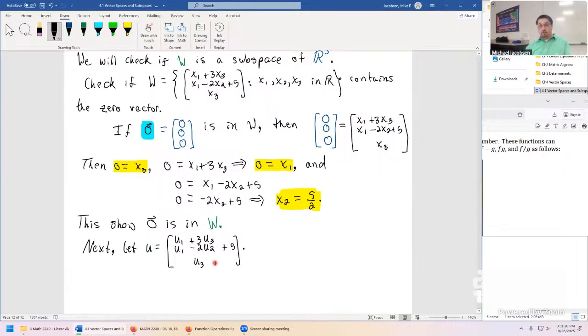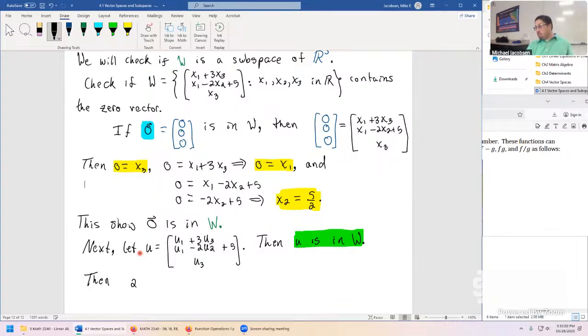Because of the form that we wrote down U, automatically it's in the set W. Then U is in W. So we're trying to break scalar multiplication, which means we need to grab an arbitrary scalar. Probably not 0, because if we scale this by 0, we just get the 0 vector. It's already in the set W, so we need to pick something else. Definitely don't pick the scalar 1, because it just gives you back the vector U already in W. How about a scalar 2? Let's scale this vector U by 2, see what we get.